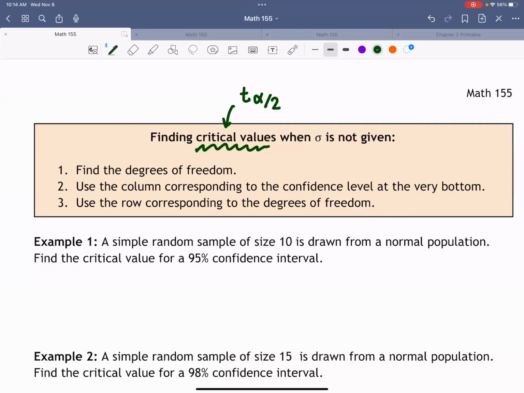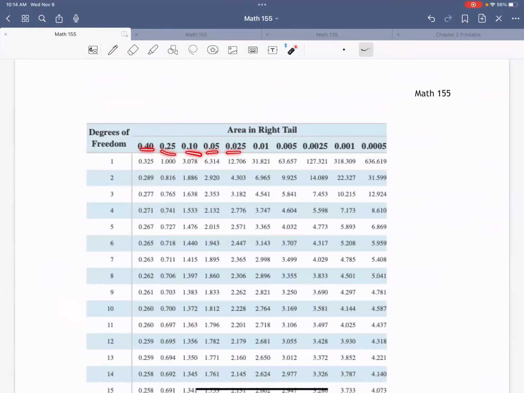The harder part is to figure out, okay, what column am I using? And if you take a look at the labels on the top, they're kind of confusing, right? They have all these weird numbers, and they represent the area in the right tail, which I used to teach, but I found an easier way to do this. So what we're going to do is actually cheat, okay? If you go to the very back page of the chart, the columns are labeled based on confidence level.